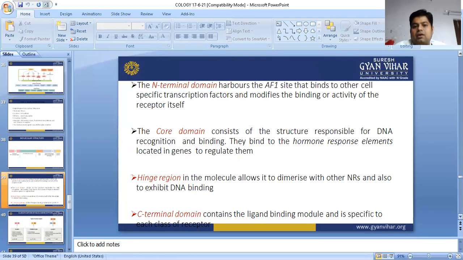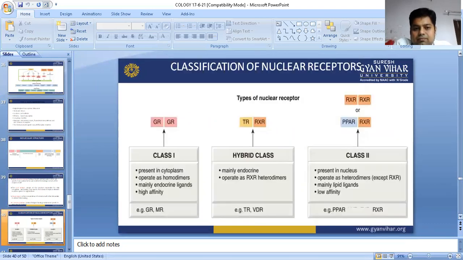The core domain is responsible for DNA recognition and binding, binding to the hormone response element located in the gene to regulate it. The hinge region in the molecule allows it to dimerize with the NR and also to exhibit DNA binding. The C-terminal domain contains the ligand binding modules specific to each class of the receptor.